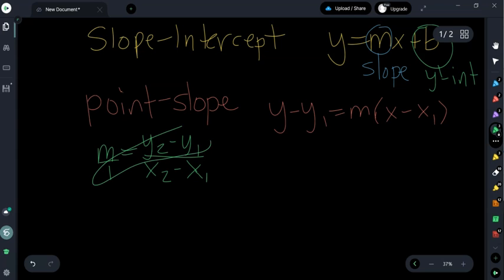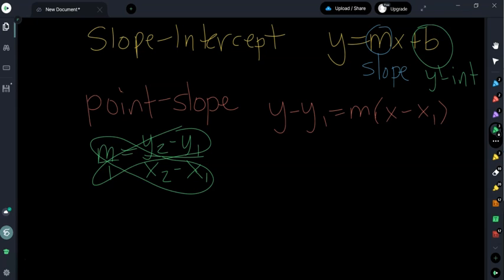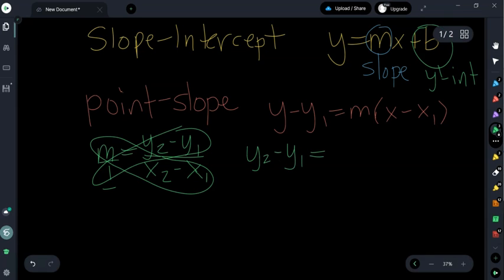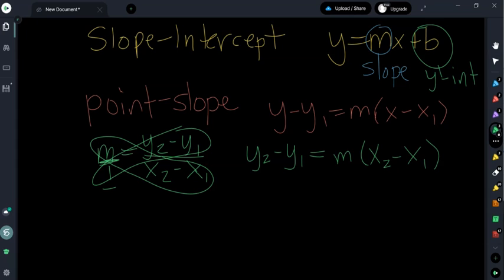When you have two equal ratios, this is a proportion, we can cross multiply. And when I cross multiply, I get 1 times y2 minus y1, which gives me y2 minus y1 on the left. And I have m times x2 minus x1 on the right. You can see that is the same structure. So point slope is actually derived from the slope formula itself.